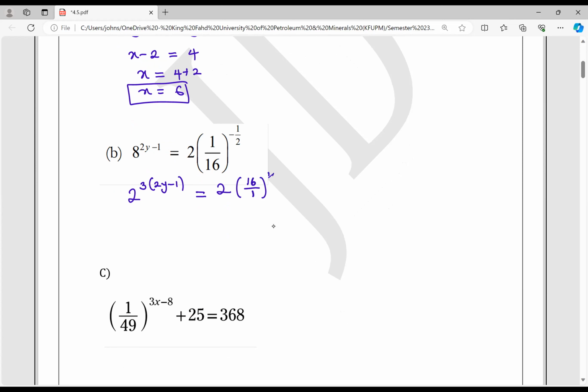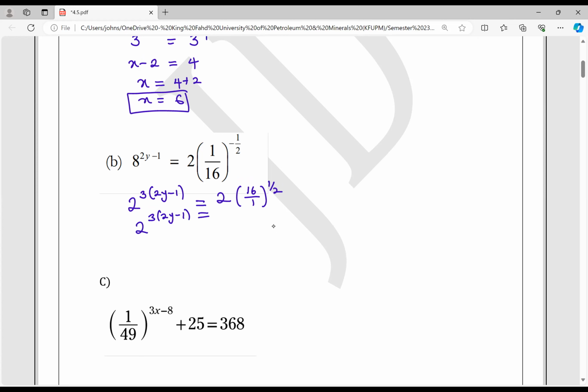And this is going to be a half. What does this mean? This is the square root of 16, which is 4.